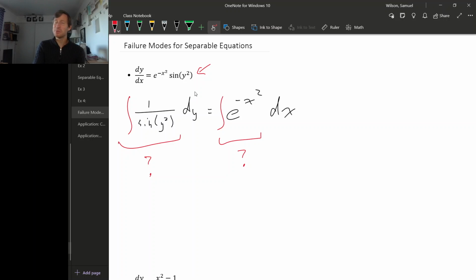Solving a separable equation involves doing some integrals. If you can't do those integrals, you can't solve the differential equation. And I'm not saying that this differential equation doesn't have solutions. In fact, it does have solutions, but we just can't write formulas for them.